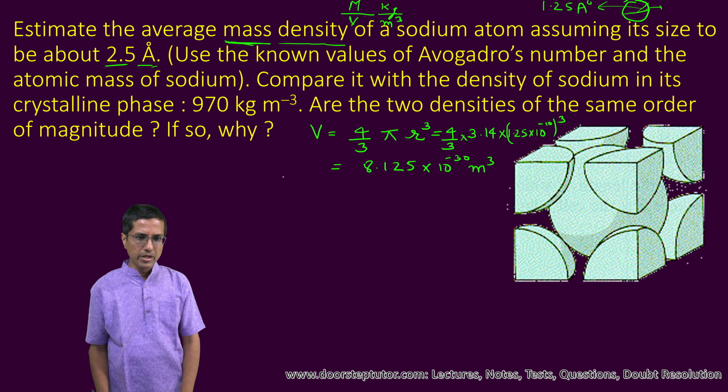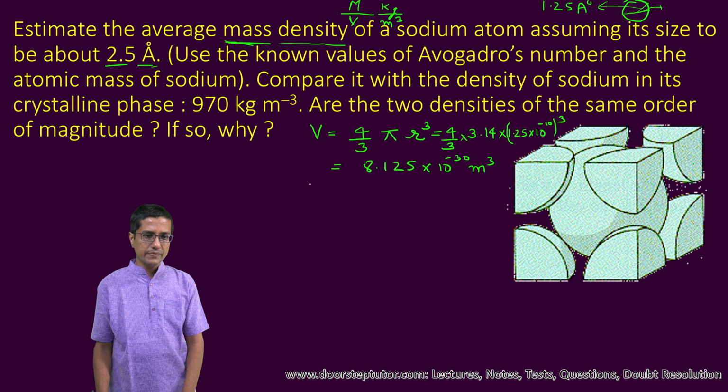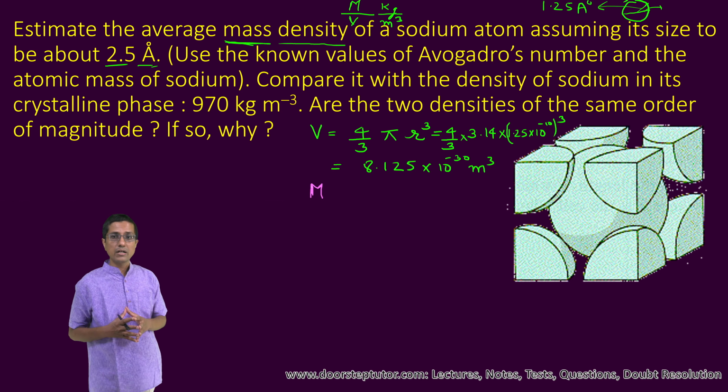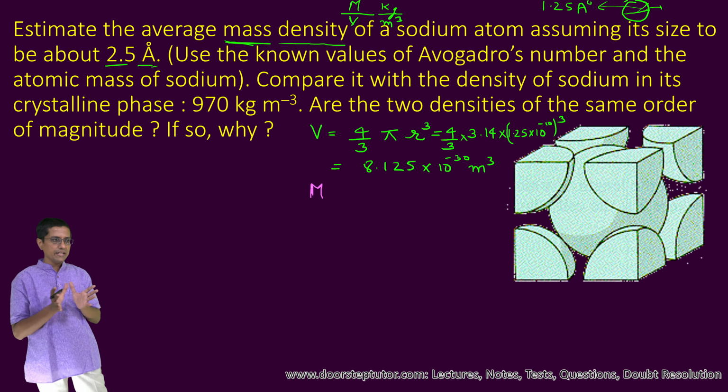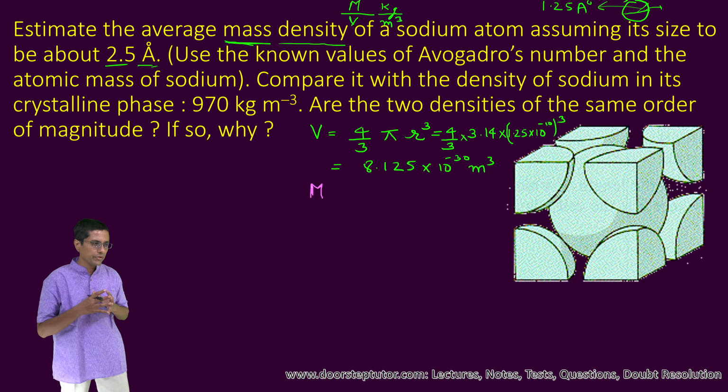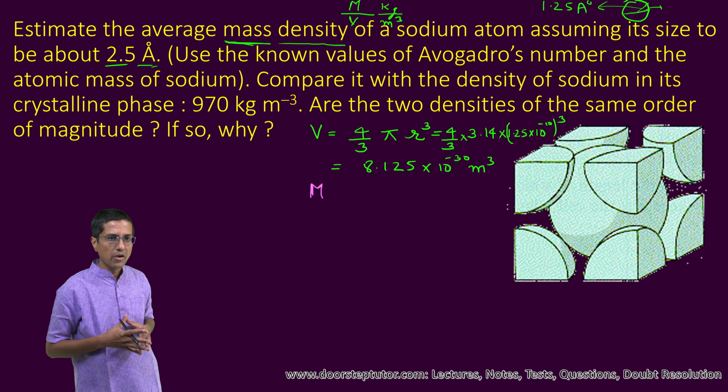Very, very simple. Now let's compute the mass. For computing the mass, we observe that here we are dealing with the sodium atom, so we have to only consider the atomic mass of the sodium.